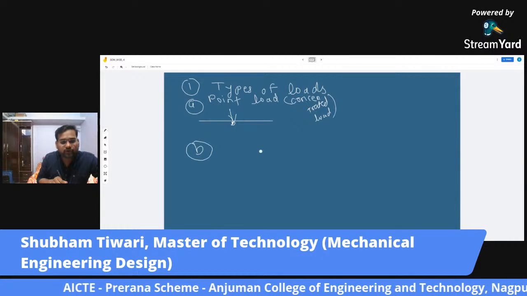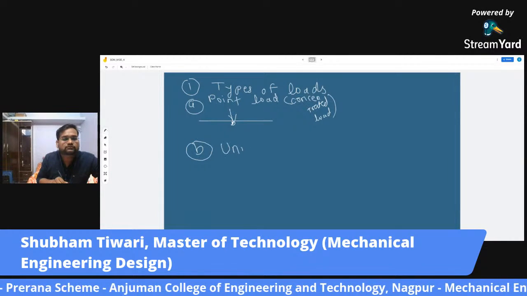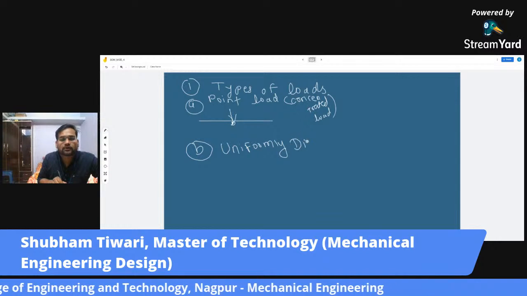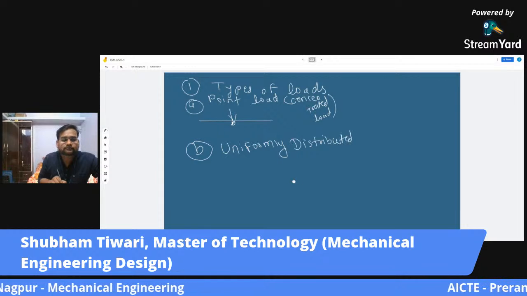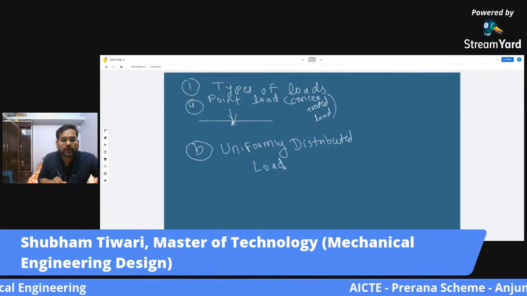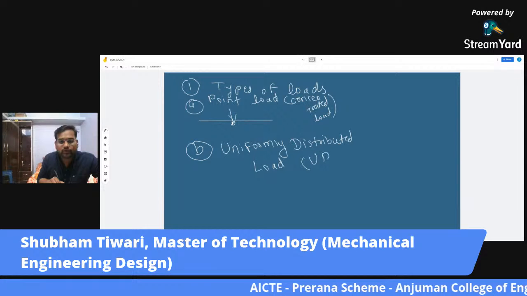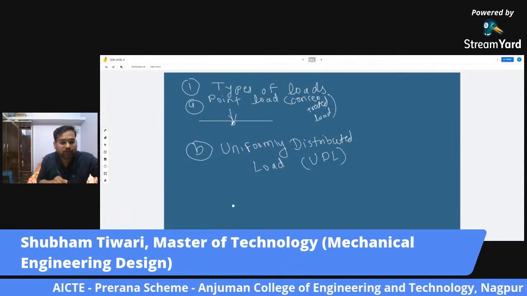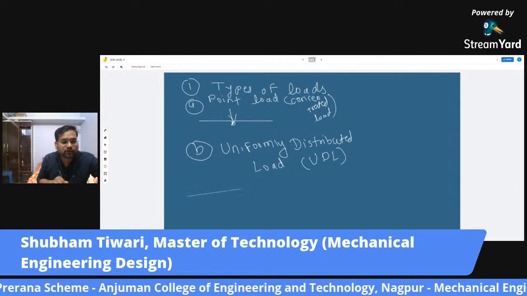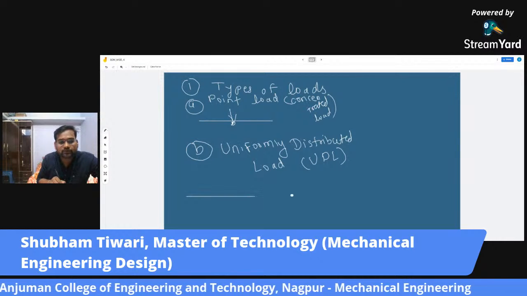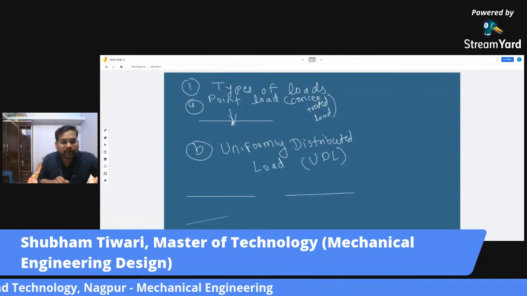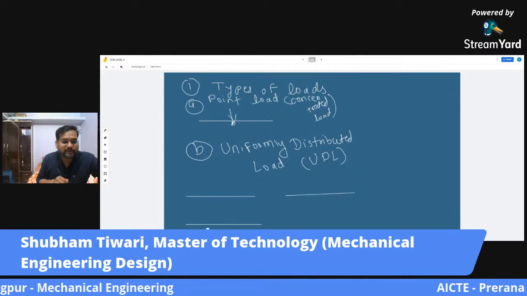The second type of load is uniformly distributed load. It is also known as UDL. Now pay closer attention, because I want you to know an important thing. There are two ways of representing a UDL.